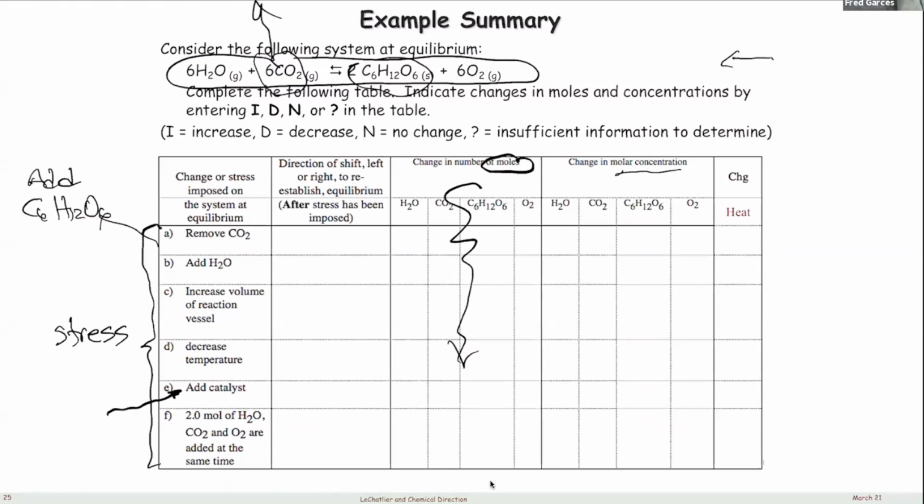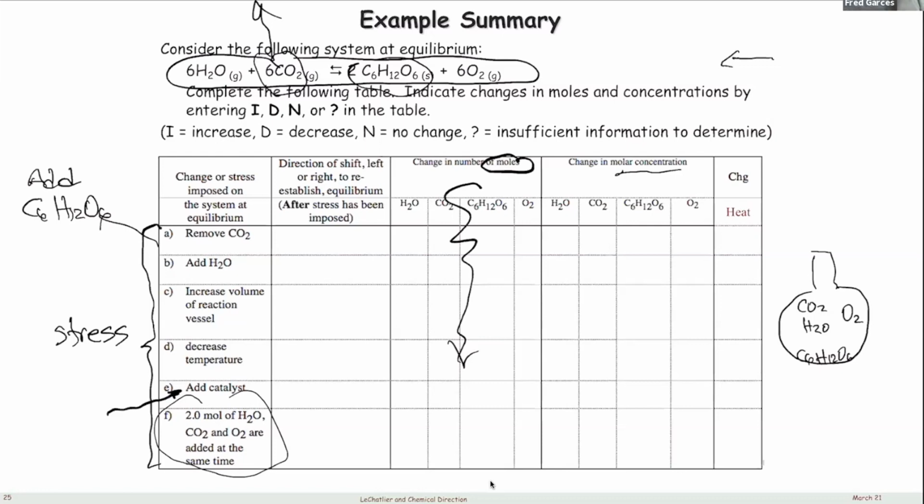That's what you need to do in order to answer these types of questions. Finally, I want to address this last one right here. When you have 2 moles of water, and carbon dioxide and oxygen are added at the same time. So we have a reaction vessel. Let's say we have a reaction vessel right here. Okay, and we have carbon dioxide, we have water, we have oxygen, and we have glucose.